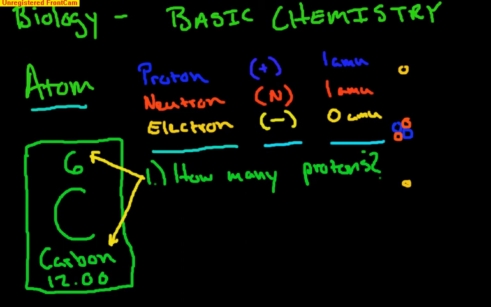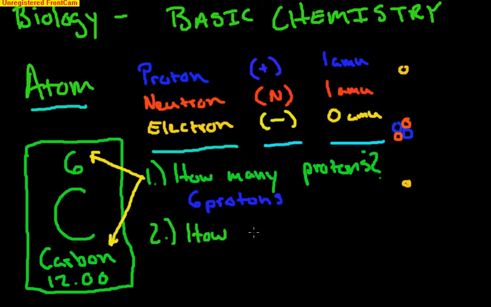So in the element of carbon, there are 6 protons. Nothing fancy. If you were to look at oxygen, oxygen would have a big number 8, and so oxygen has 8 protons.